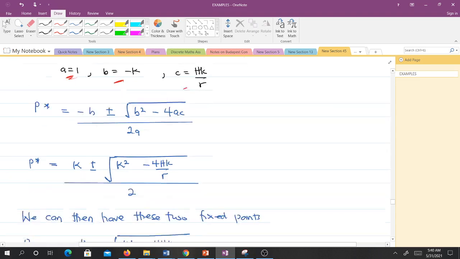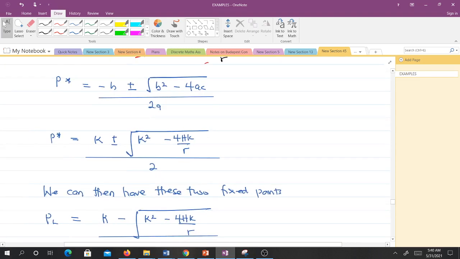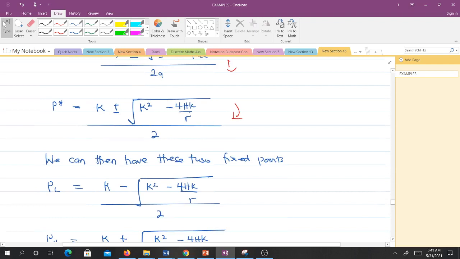And this will give us p star equal to k plus or minus root of k squared minus 4hk over r, all over 2. I hope you get that. When we just make substitution into this, we'll get this. So this happens to be our fixed point. We are going to have two of them, because one will be plus and one will be minus.